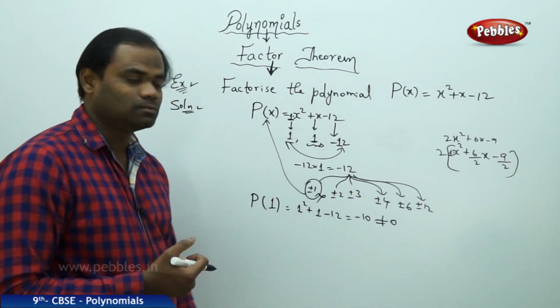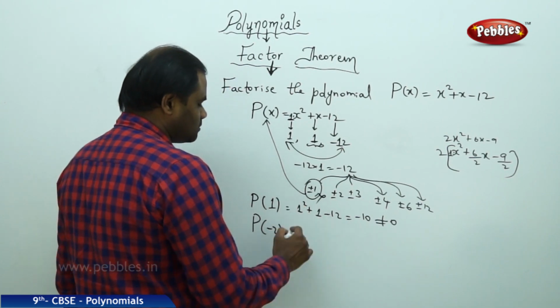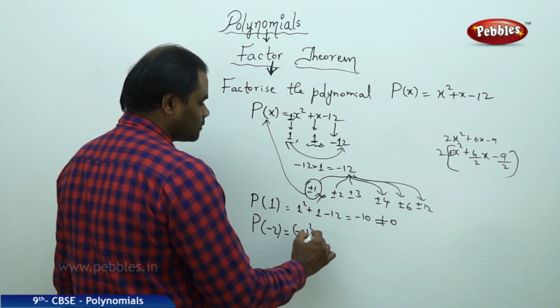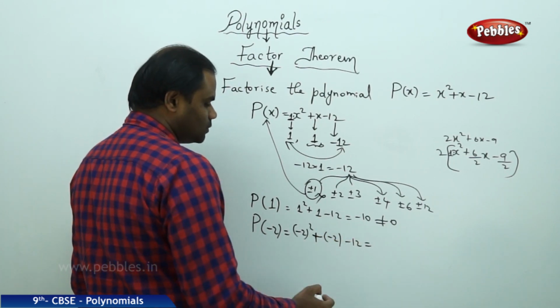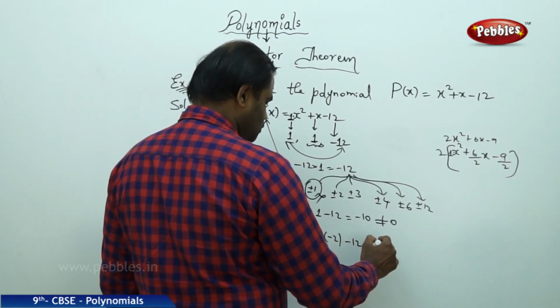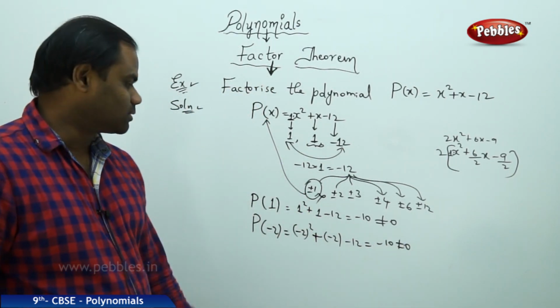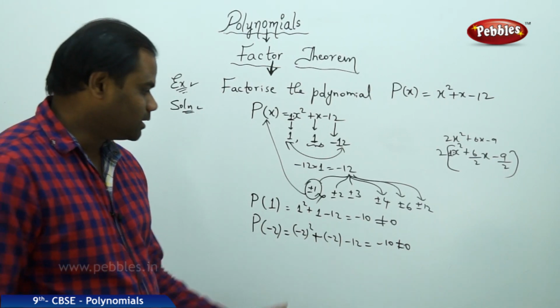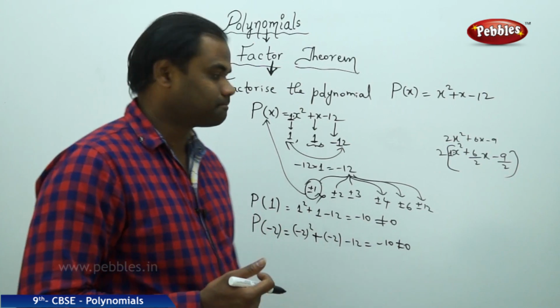Let's try with 2 or minus 2. I get minus 2 whole squared plus minus 2 minus 12. 4 minus 2 is 2, minus 12, again not equal to 0. So here it's again not a 0 of the polynomial p of x given.